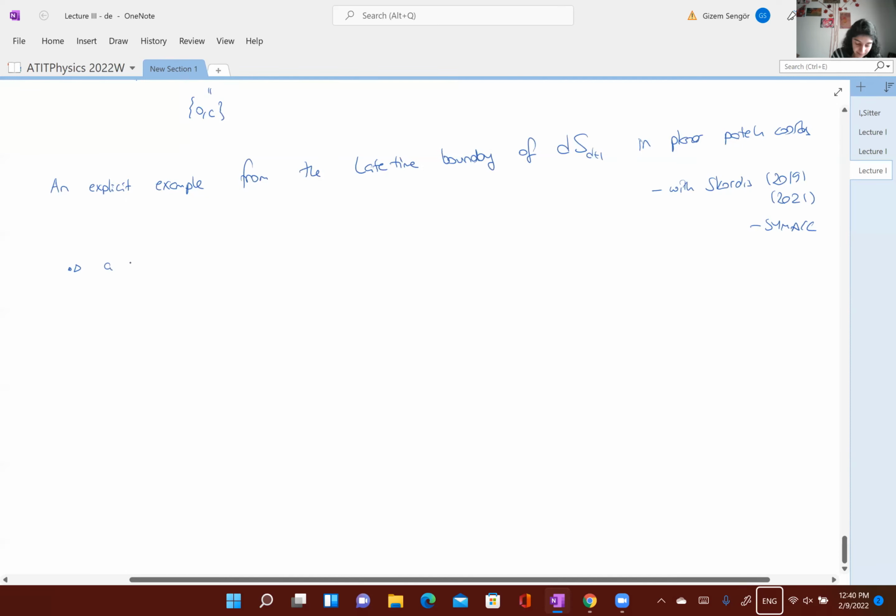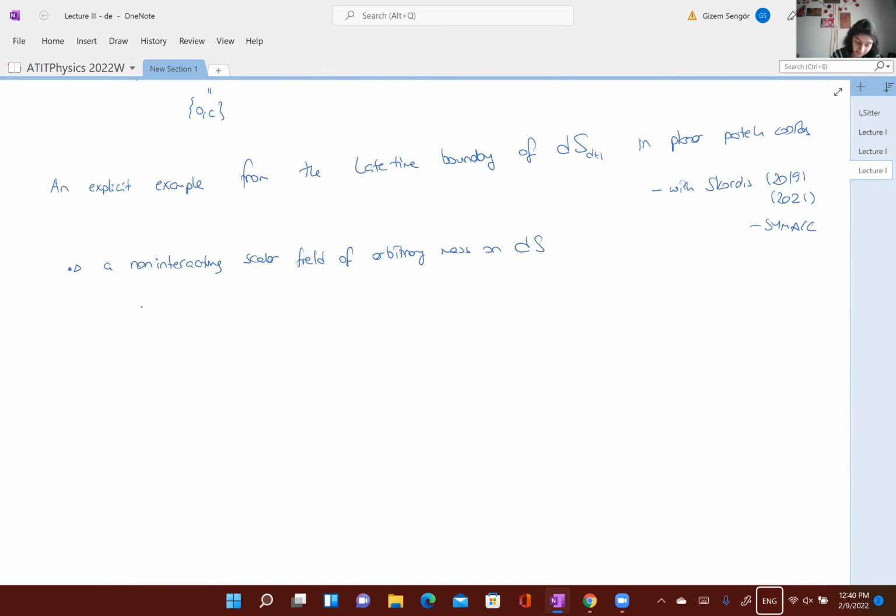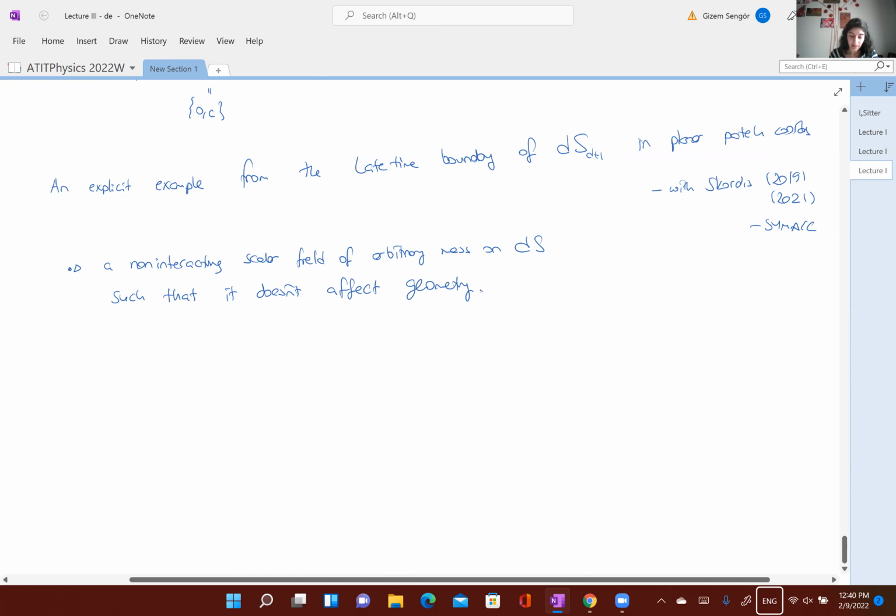Now, study a non-interacting scalar field of arbitrary mass on the Suture, such that it doesn't affect the geometry, okay? And it satisfies Bunch-Davies initial conditions.